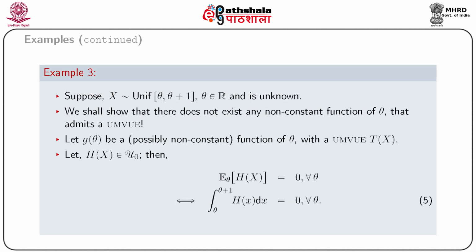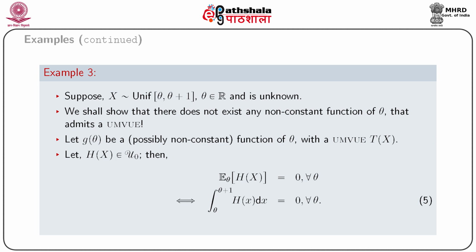Next, we consider another example. Example 3. Suppose X follows rectangular distribution with parameters theta and theta plus 1. We shall prove that there does not exist any non-constant function of theta which admits a UMVUE.